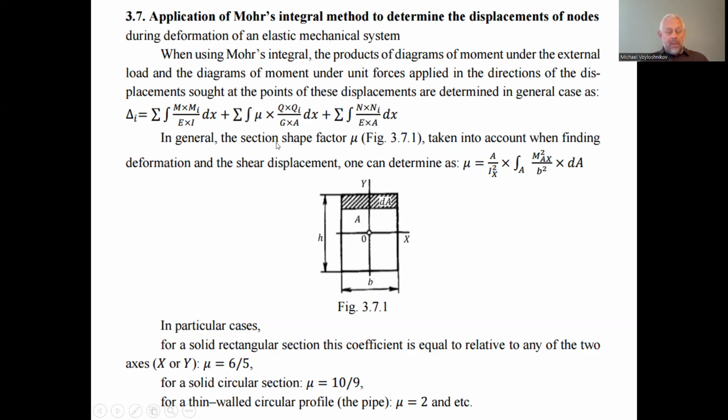A little bit about the factor mu applied in the summand of the Mohr integral for the displacement under the action of the transverse forces. The factor mu characterizes the influence of the distribution of the area of the transverse section of the element of the mechanical system in the direction perpendicular to the axis of the element bending.